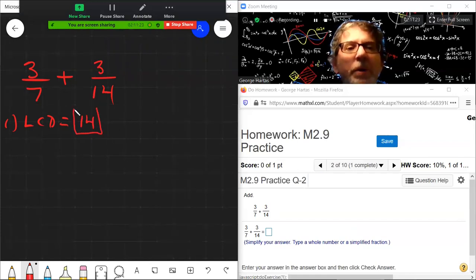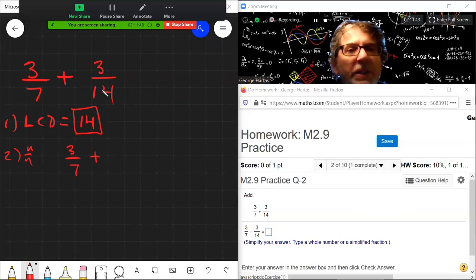Therefore, the bigger number is the LCD. 7 divides into 14, 14 divides into 14. Now that we got our LCD, we have to multiply by some number over some number. Rewrite this, leave some space.